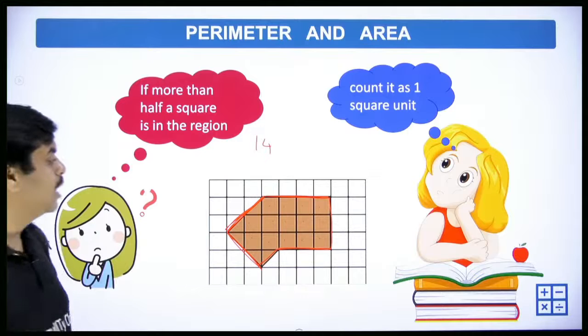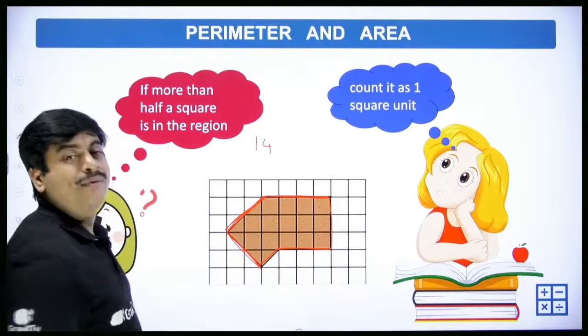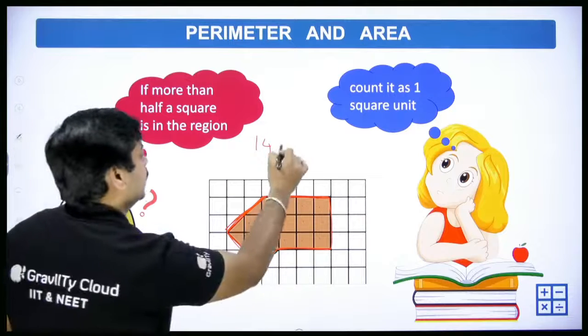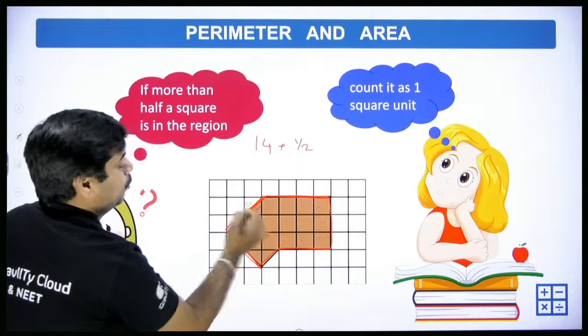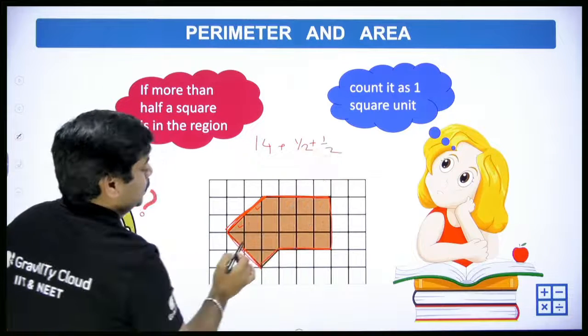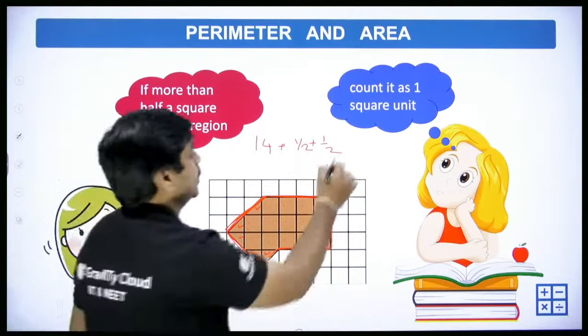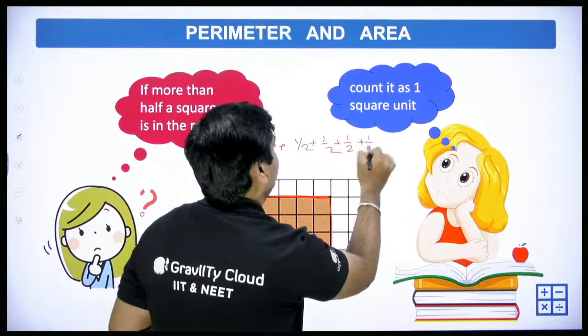But for the rest, you can see it's exactly passing through the middle, which is actually half. So 14 plus half, this is a half box, this is also half, plus half, this is one more, 2 and 3, three more times, right? Plus half, plus half, plus half.